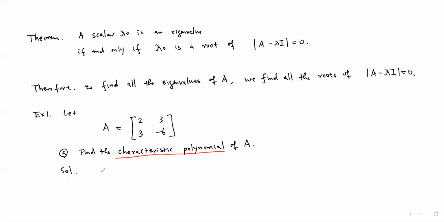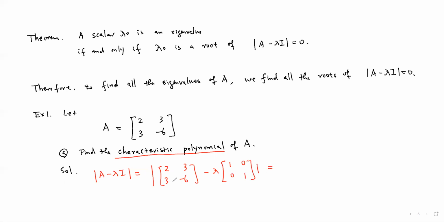Compute the determinant of A minus lambda I. What is A? 2, 3, 3, negative 6. Minus lambda, what is I? This is I, then determinant.